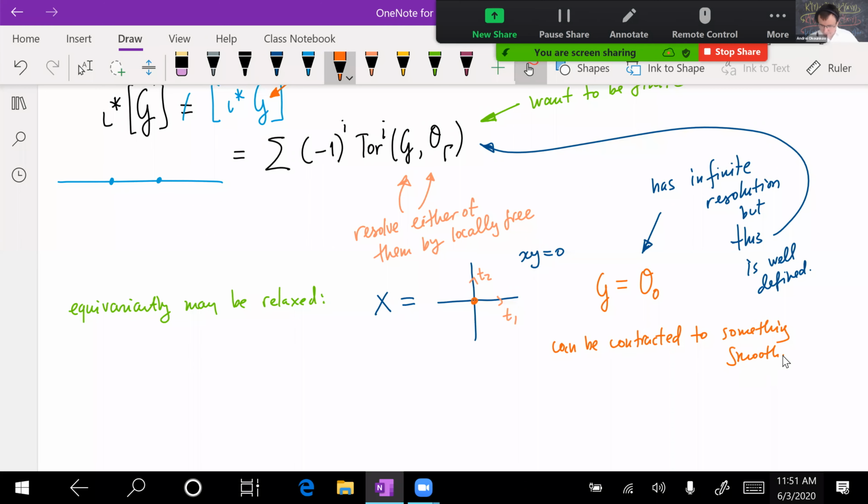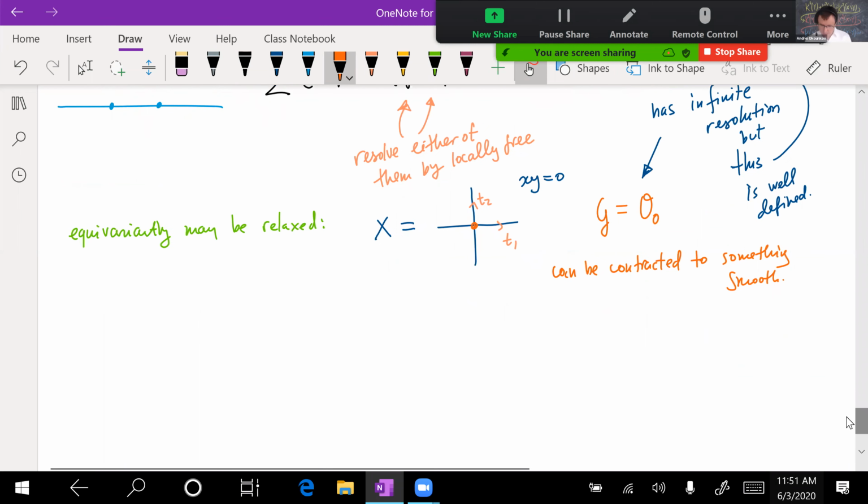If I have a smooth algebraic variety, then every sheaf has a finite locally free resolution. If my variety is singular, that's not the case. But if it can be contracted, then equivariantly we can make sense of that.